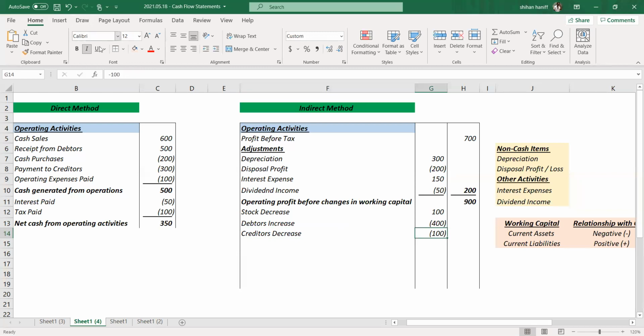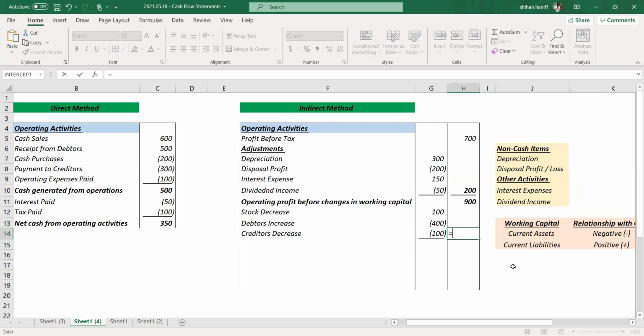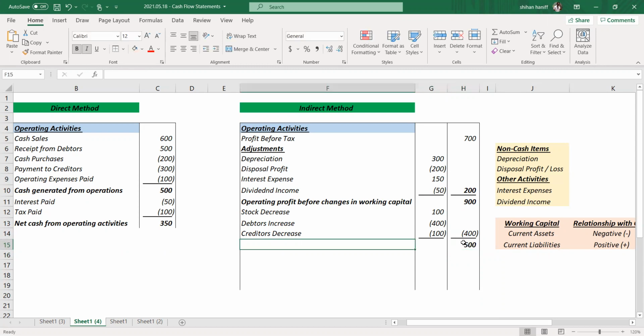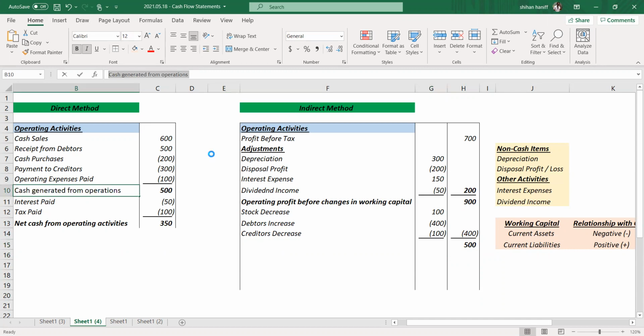So if you take creditors decrease, then this balance, the answer is 500. This is called cash generated from operations.